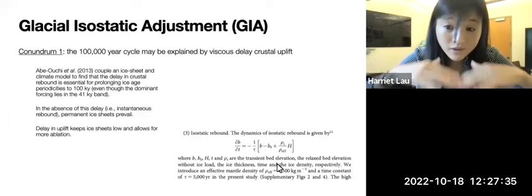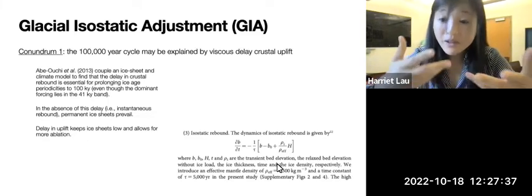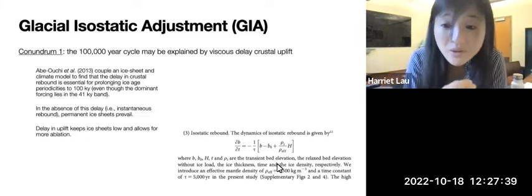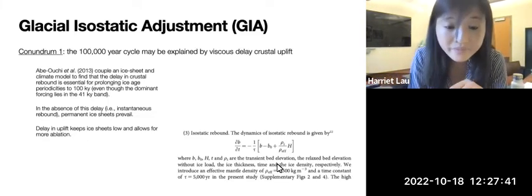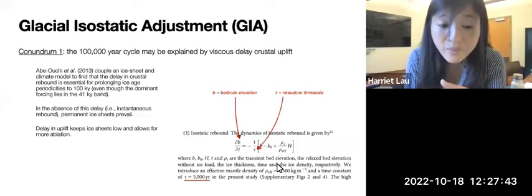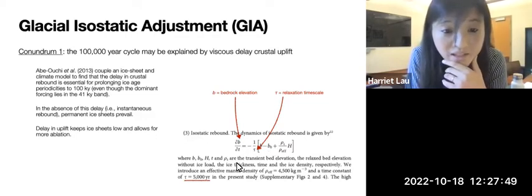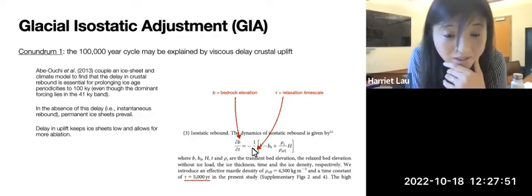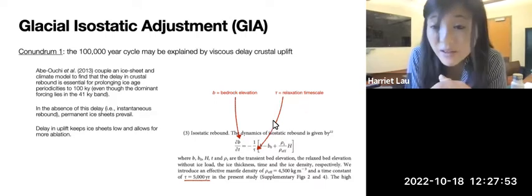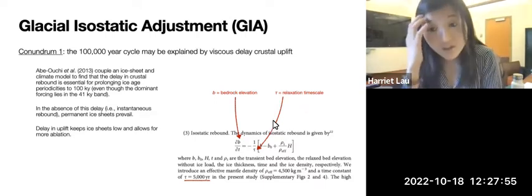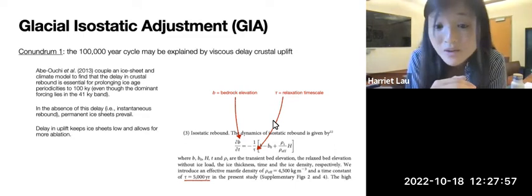And so at these low, warmer altitudes, melting is enhanced such that you don't get a permanent ice sheet. Now, they actually modeled the bedrock elevation or crustal subsidence with this differential equation. And they chose, importantly, this timescale tau of around 5,000 years, which actually is not unreasonable when we think about mantle properties.